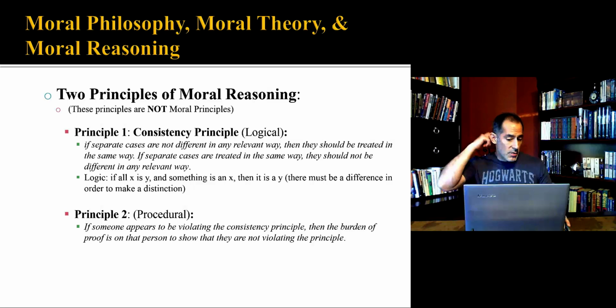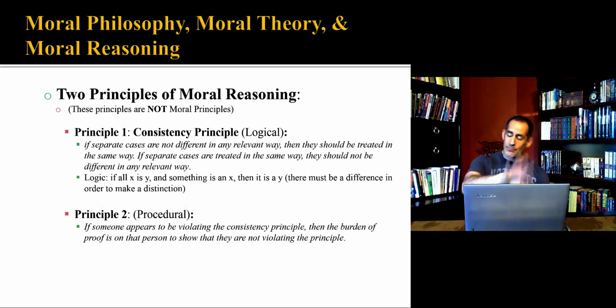True principles, I mentioned this earlier. I do want you to know this because it'll be really practical in how you personally reason. Consistency principle, which states if separate cases are not different in any relevant way, then they should be treated in the same way. If separate cases are treated in the same way, they should not be different in any relevant way. And by the way, I know I'm going quickly, but these are principles of moral reasoning as opposed to what we'd call moral principles, which I'll show you next.